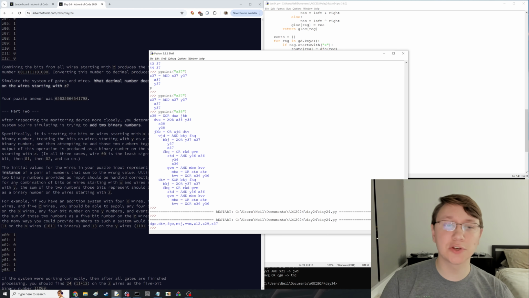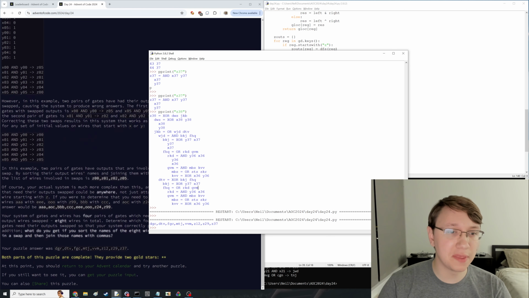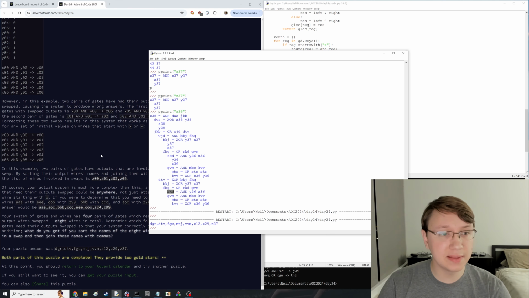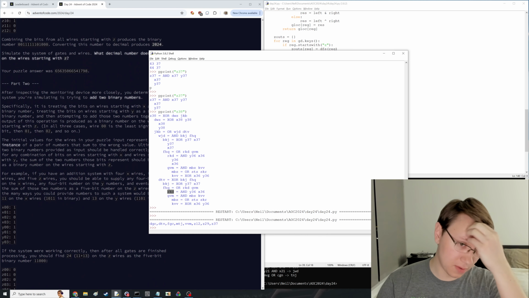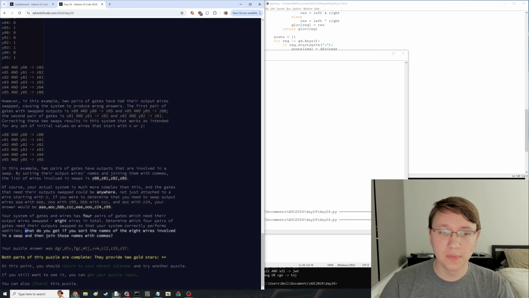And maybe actually BKJ was supposed to be this one, and FHQ was supposed to be this one. We don't know which ones are crossed, but we know that there exist 4 pairs of things that are crossed, and nothing is crossed more than once. So there are exactly 8 gates that have been mixed up. It tells us to find the 8 gates that are causing this circuit to malfunction and not actually add 2 numbers. And once we do find those, that's the answer basically.